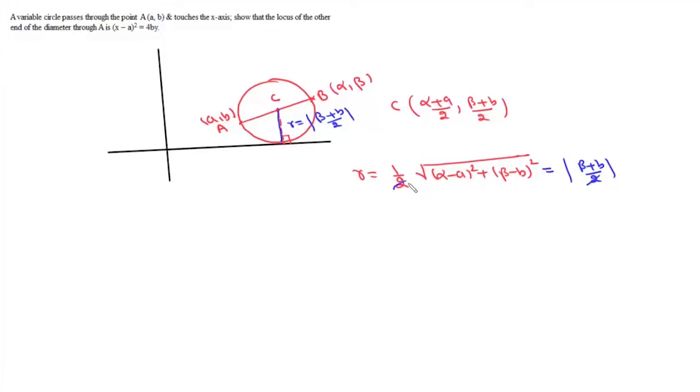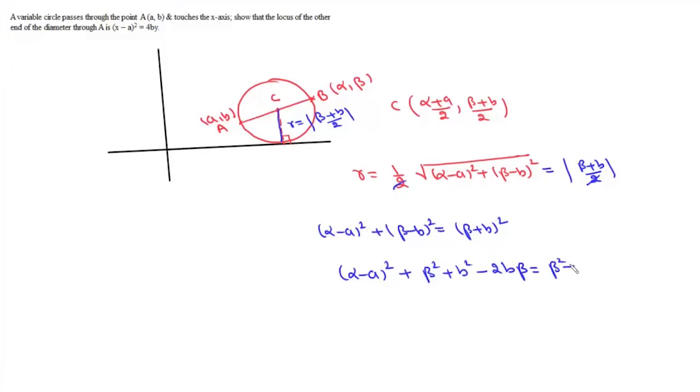Now this 2 and 2 cancel. We square it, we can write (alpha minus a) square plus (beta minus b) square, and it will be equal to (beta plus b) square. Now this is (alpha minus a) square plus beta square plus b square minus 2b beta, and it will be equal to beta square plus b square plus 2b beta.